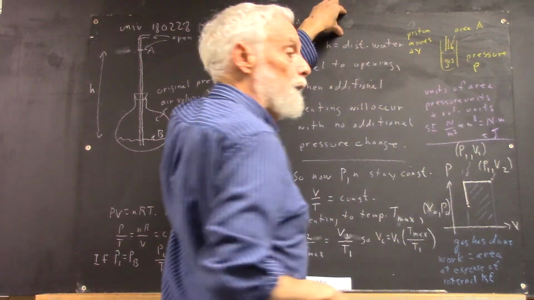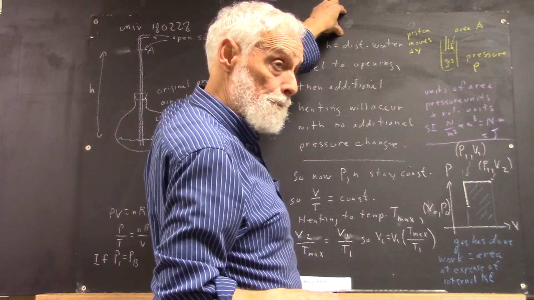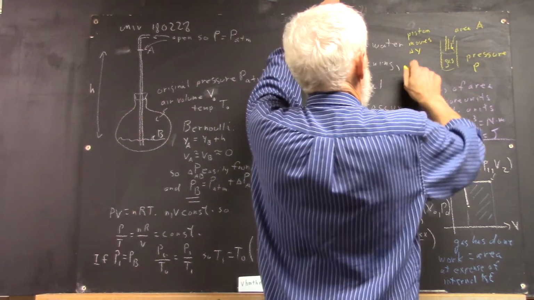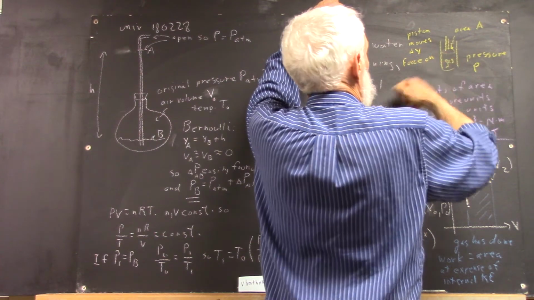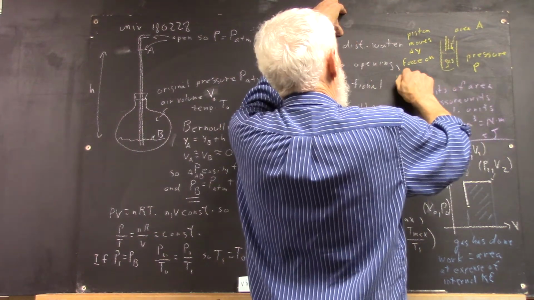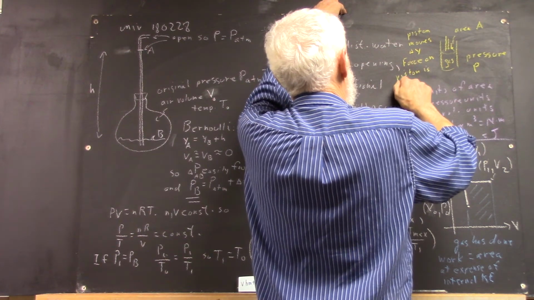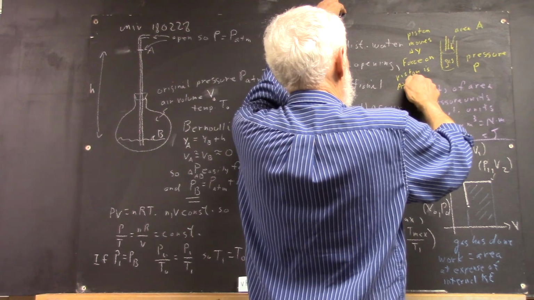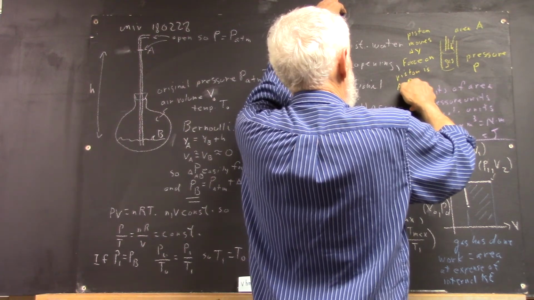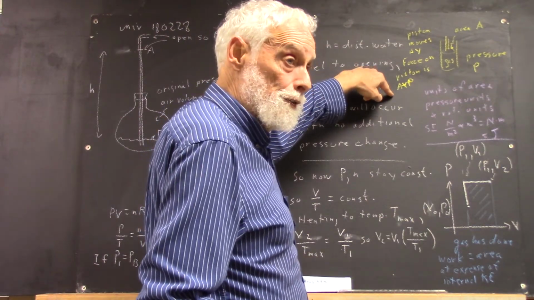Piston moves a distance we'll call delta Y. Small distance, okay? Well, the force on the piston is A times P, cross-sectional area times the pressure. Okay, so you have this, right?